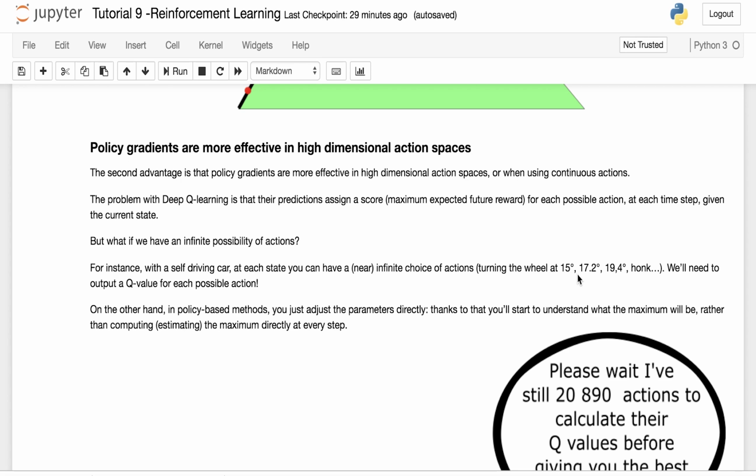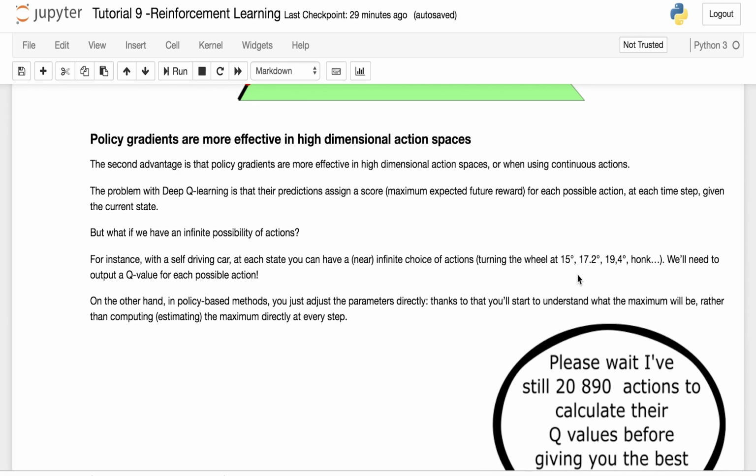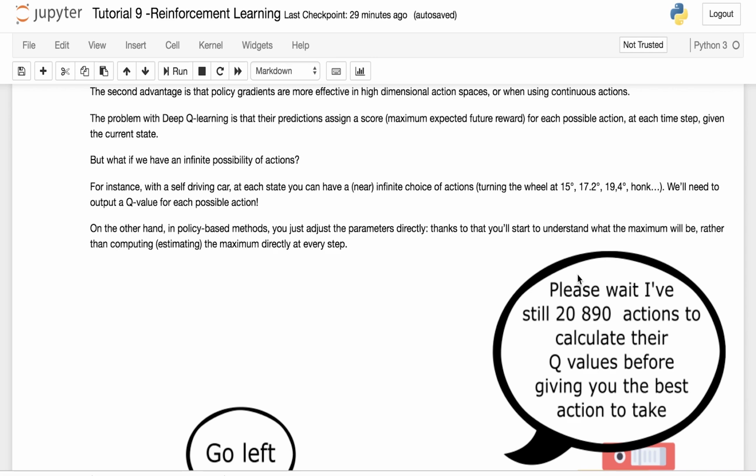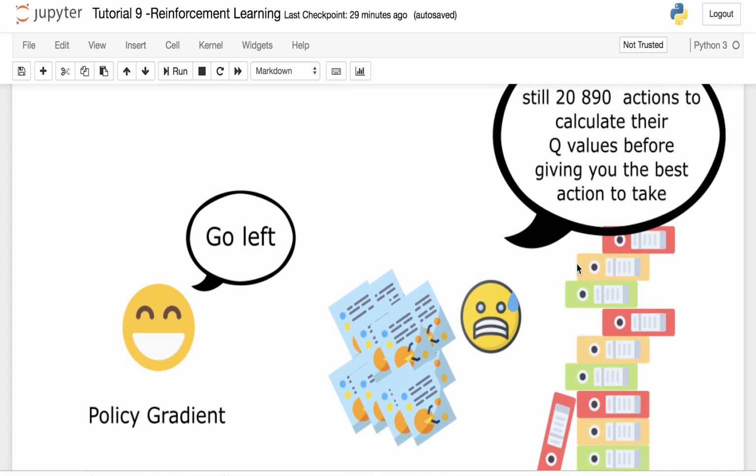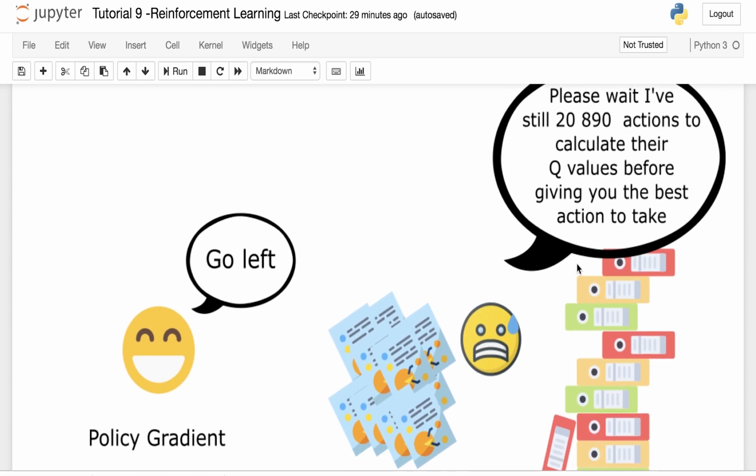So again, we have a problem: continuous actions, continuous dimension. We have continuous exploration here, so we cannot use Q values. On the other hand, we can use policy methods, where you just adjust the parameters directly. You only estimate the maximum reward direction directly in each step. Here is some animation: the policy gradient goes left.